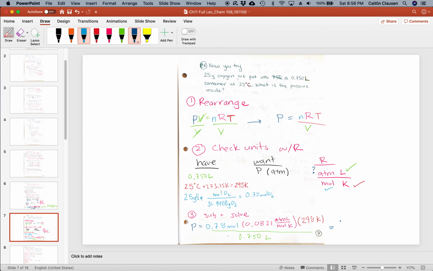Let's see, I got 25.44 ATM, but I gotta round it to the correct sig figs, which is just 25 atmosphere of, what was it, oxygen.